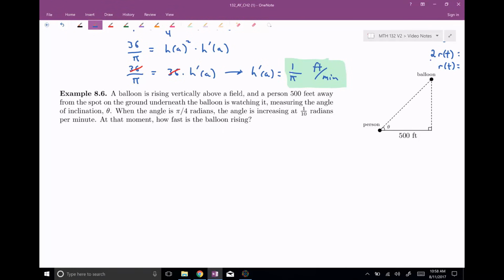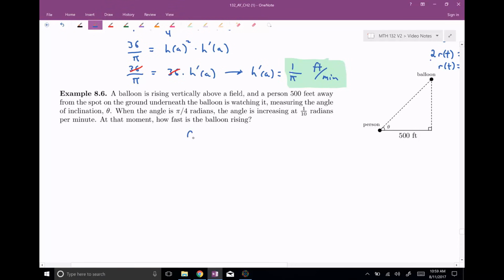All right, so we need to write down some of these statements as mathematical equations, and then figure out what we have and what we need to determine which equation we should use. So here we have at a particular instant of time that theta value is equal to pi over 4. This is not constant, but at a particular instant of time, that theta value is equal to pi over 4.